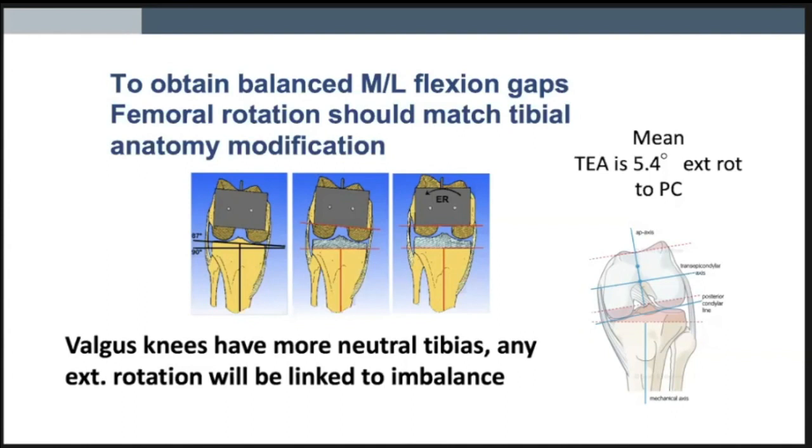And we also know that the mean varus change on the tibial side with the mechanical alignment is 3 degrees. So if we use the transepicondylar axis, which is an anatomical landmark, with a non-anatomical tibial cut of 0 degrees, we are increasing instability in flexion.